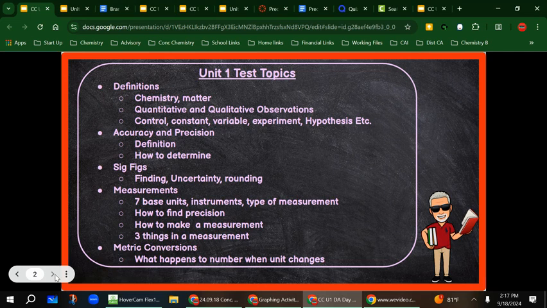When we used the balance in the middle of the station, the one with the glass box around the top, that went to 0.001. When we used another balance, it only went to 0.01. Another balance only went to 0.1. Those are all different precisions. How sharp the measurement is or how far beyond the decimal it goes. Okay? So that is another definition.